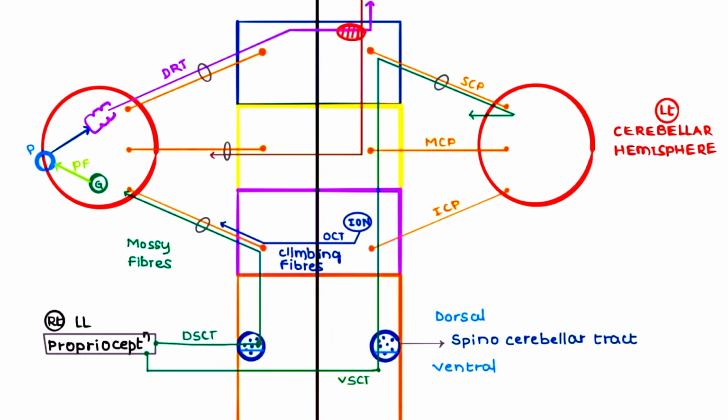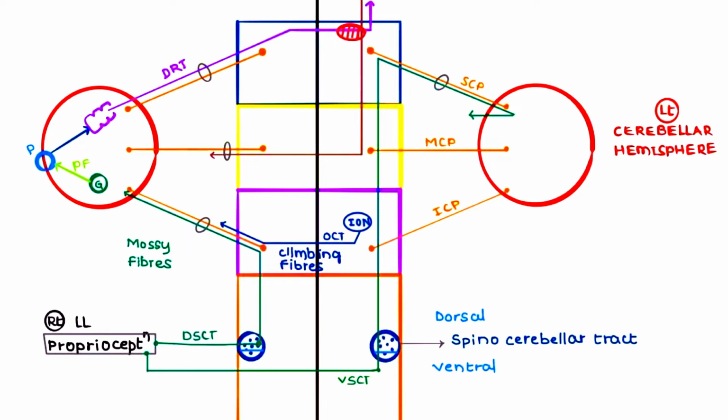Talking about the dorsal spinocerebellar tract, it will carry the information to the cerebellum. These dorsal spinocerebellar tract fibers are mossy fibers, which just carry it to the cerebellum.